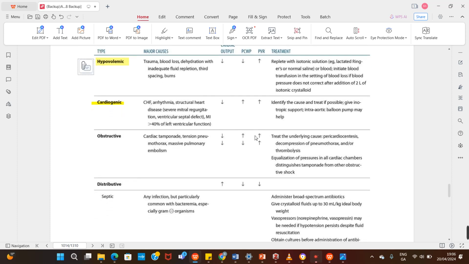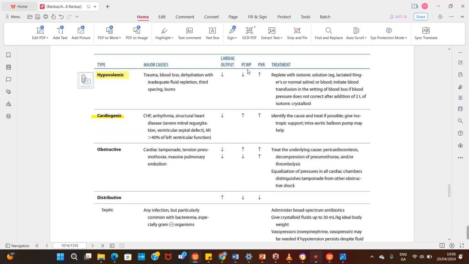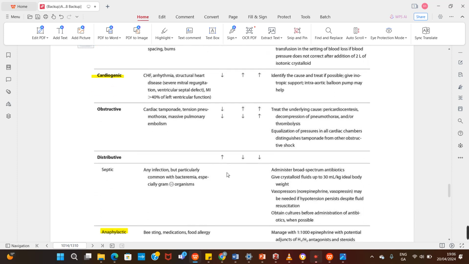So when there's reduced venous return, what happens to PCWP? PCWP drops. What happens to CVP? CVP drops. Very easy. So, what is the cause of septic shock? Infection. That's septic shock. So, any infection, gram negatives basically, most of the time, can cause septic shock.